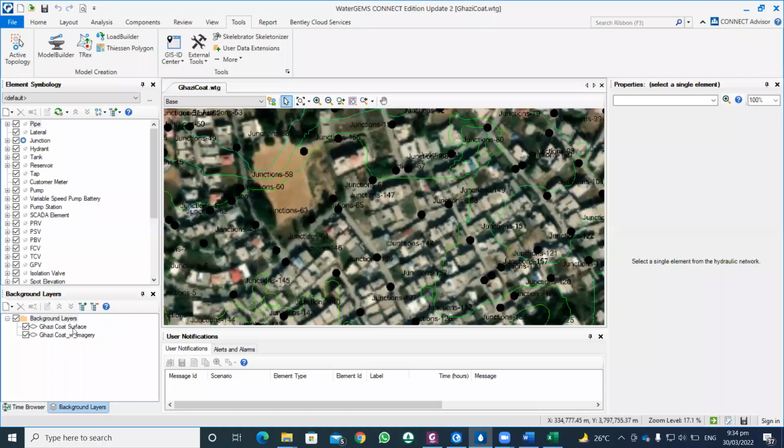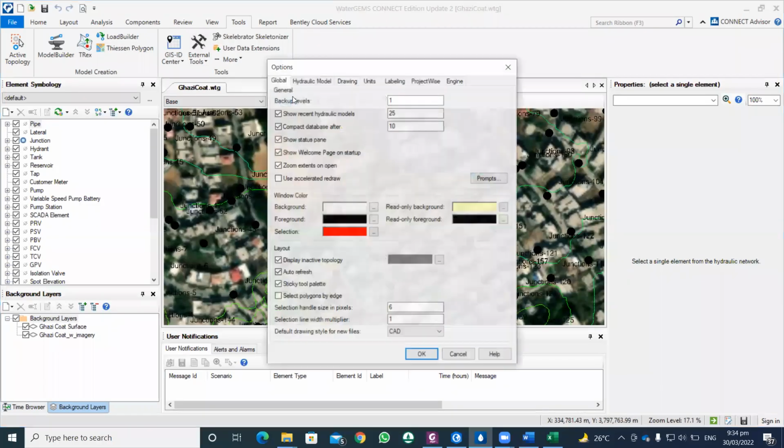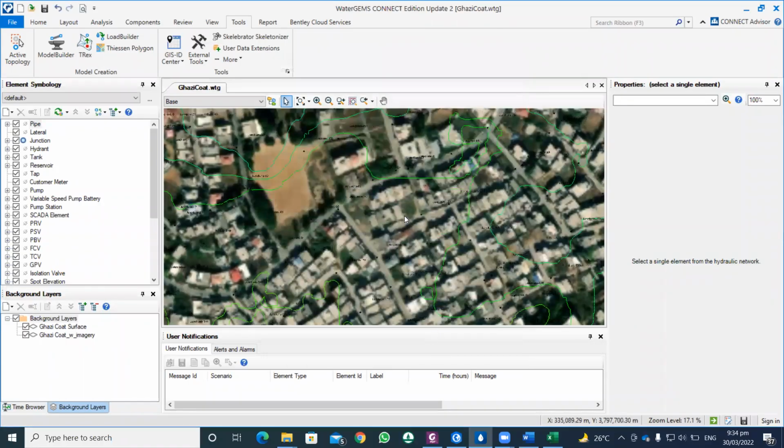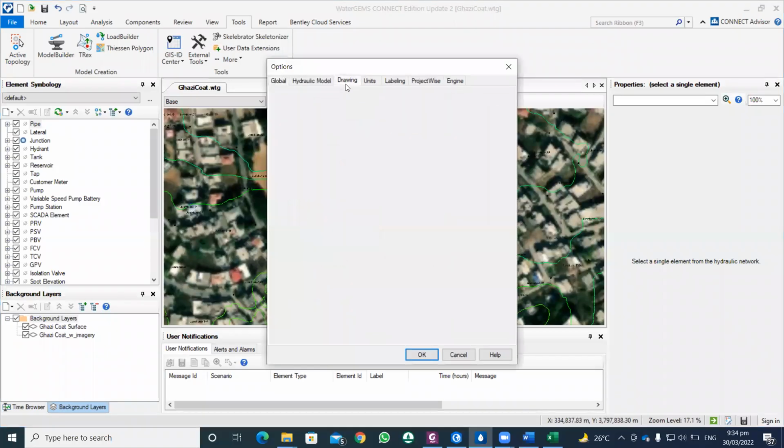Okay, so I will go to the options. I will keep it 0.2 and 0.4. Too small. 0.5.